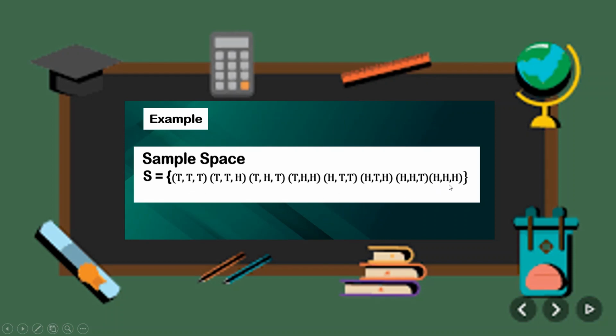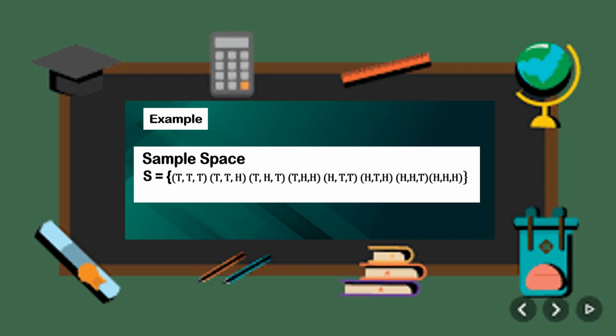So there are 8 elements that compose the sample space. The entire thing is called the sample space, and all the elements inside are our outcomes, but now placed in a set. That's why it's called a sample space. From your outcomes, it now becomes a sample space because we gather all the outcomes and place them in a set of outcomes.